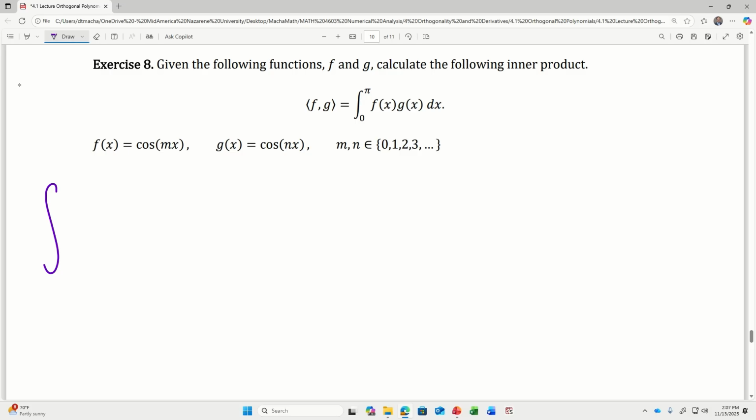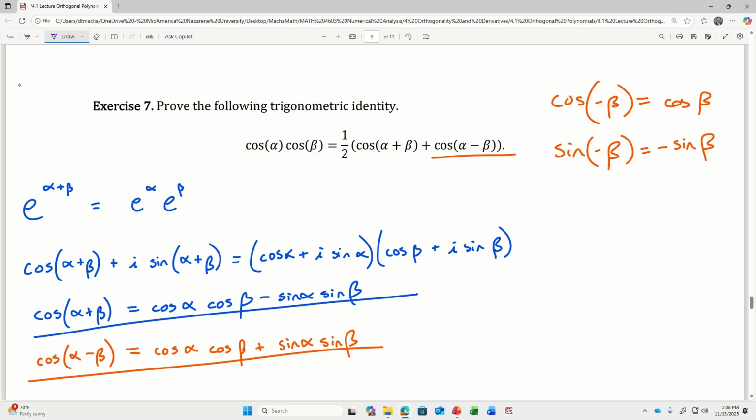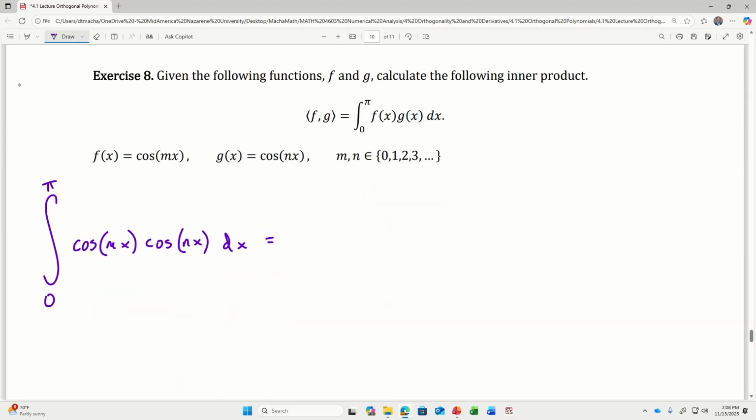So we're looking at an integral from 0 to pi of cosine mx cosine nx dx. And this is where we were like, crap, what do we do? But what we're going to do is use the identity that we just showed. We're going to use cosine of mx times cosine of nx equals 1/2 cosine of blah, blah, blah. And you added them up. So here we go.